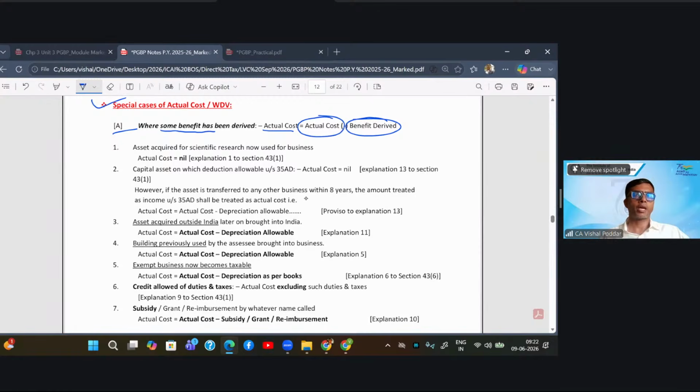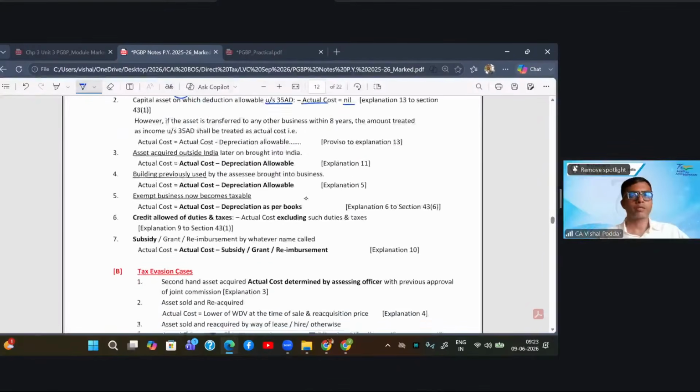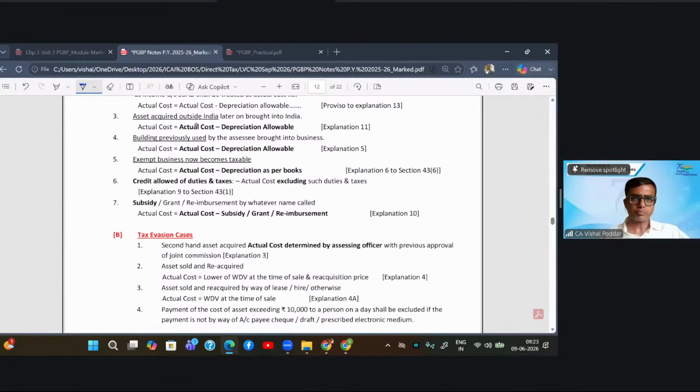Now you'll say, sir, what type of benefit? Let us say the asset is used for scientific research. Your cost is nil. Why? Because you already got the benefit of total deduction, because scientific research allows capital expenditure. Same thing for 35AD. What will be your actual cost? Nil. Why? Because you have taken the entire deduction for the 35AD asset.